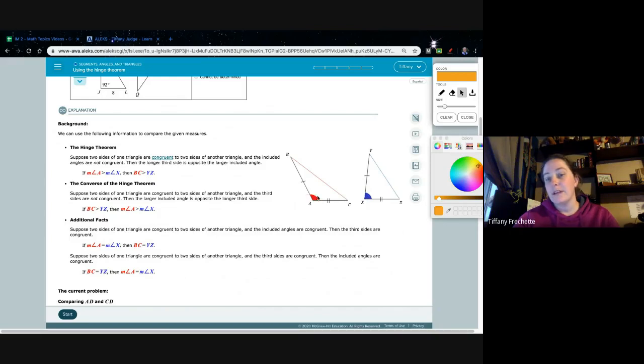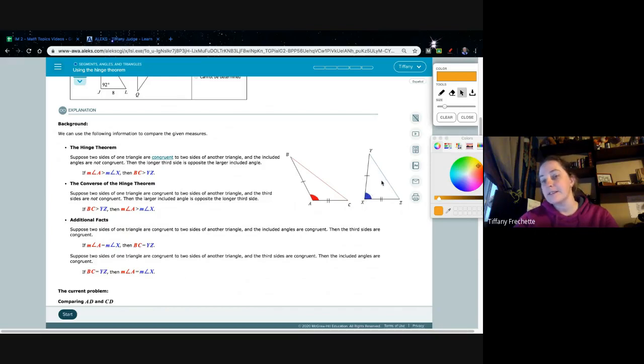So I'm hoping we can see that pretty easily. The red one, angle A, is quite a bit bigger than angle X, the blue one. So if we have this situation, then the longer side is opposite the larger included angle. So if A is larger, then BC needs to be greater than YZ, which is across from X. Sorry, I said XY.